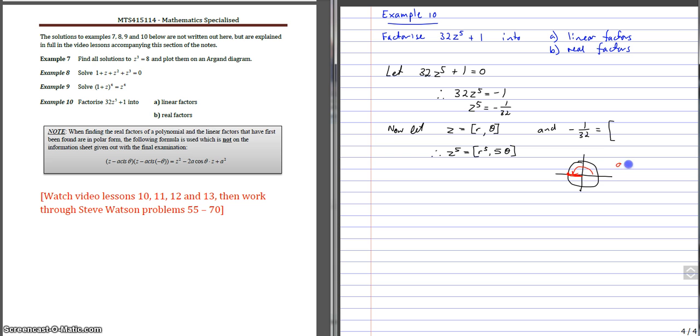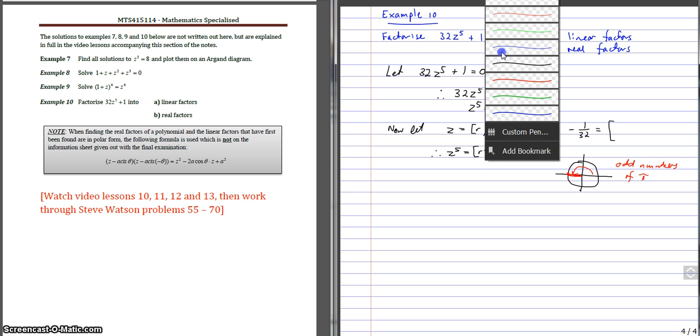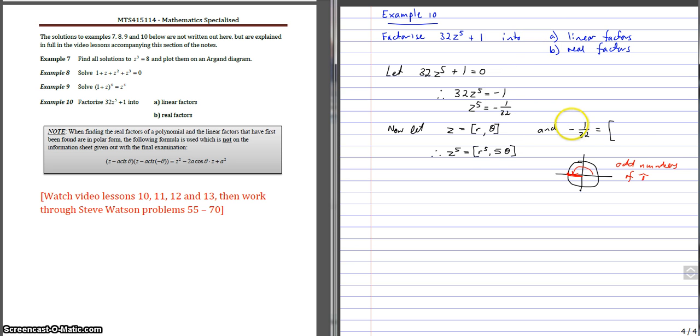Okay, so we want odd numbers of pi. So what have we got? Our modulus is always going to be positive, so it's 1 over 32, but our argument is going to be 2n plus 1 pi.